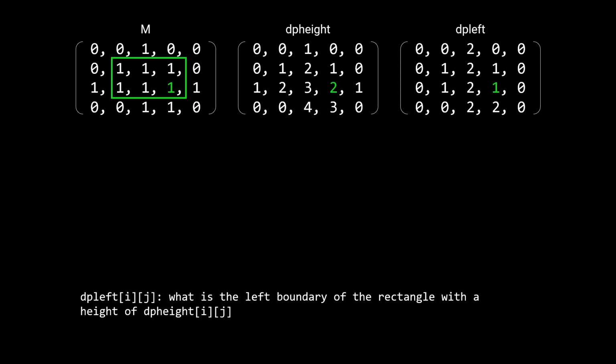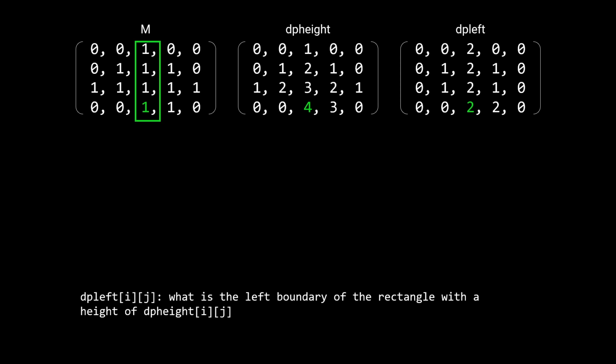Let's look at a couple more examples. For this element, the corresponding height is 3, and visualizing the largest rectangle above and to the left, which has height of 3, what position is this rectangle's left boundary at? Well, index 2, and that is why the value in the DP left table for this element is 2. For this next element, notice that the height in the DP height table is 4.